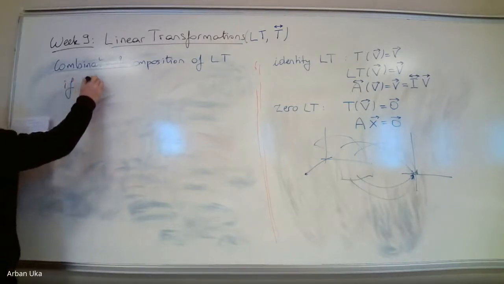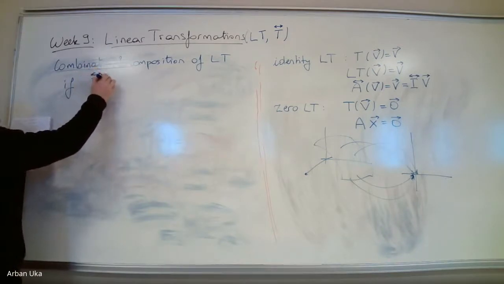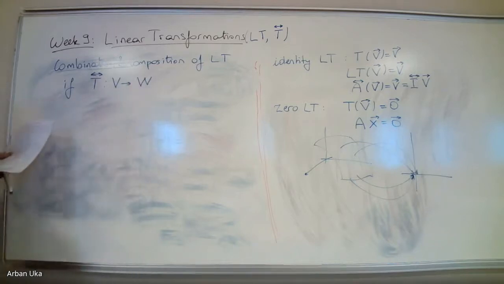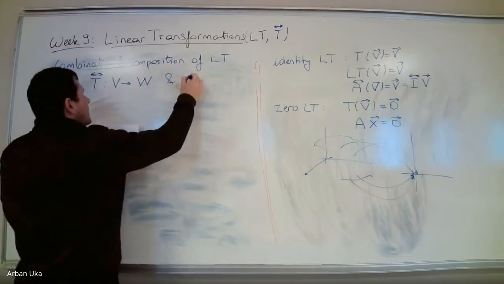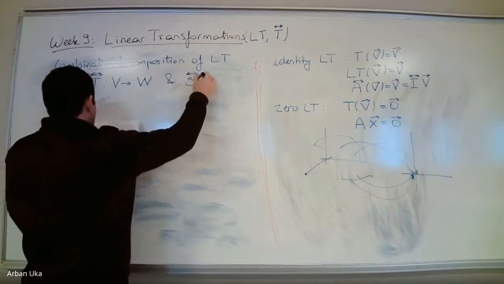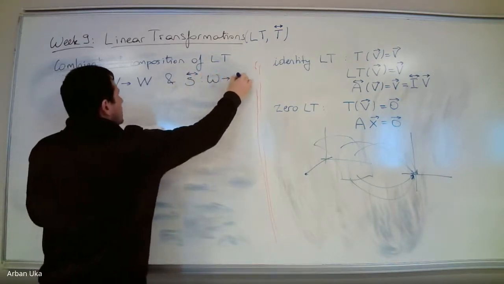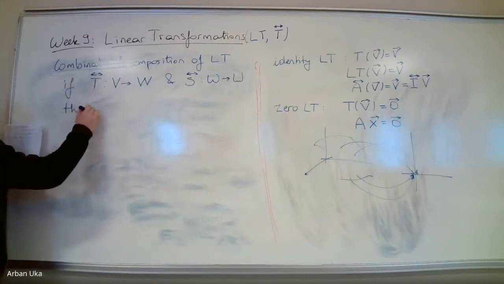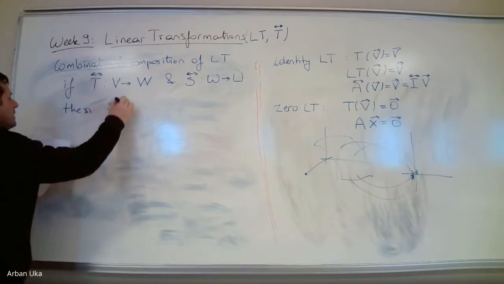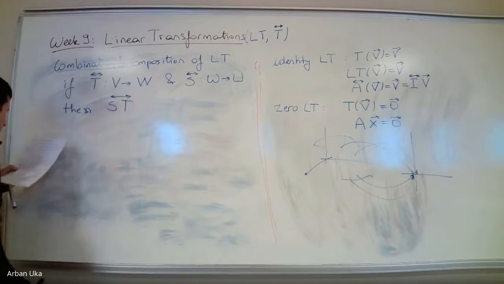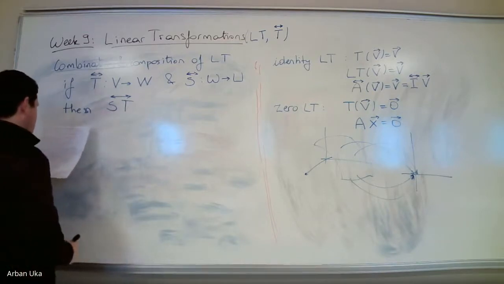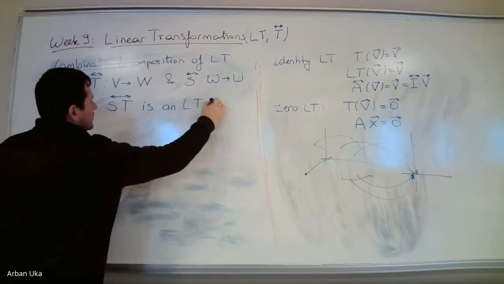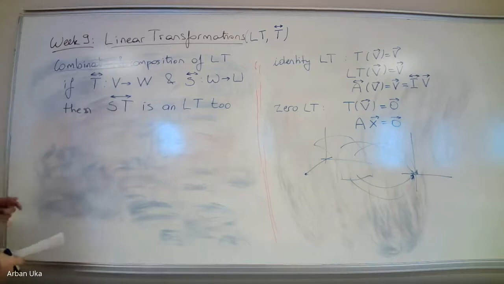If T is defined from V to W, from one space to another, and another linear transformation S is defined from W to U, then ST is a single linear transformation too.